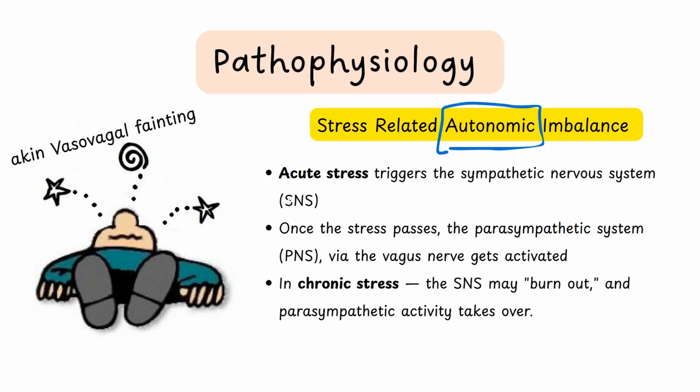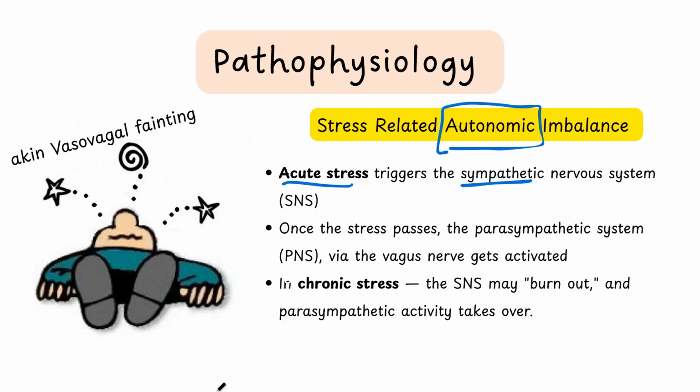Now, you might think that stress usually triggers the sympathetic nervous system, which is associated with relaxation of the ciliary muscle. This happens in acute stress. So, acute stress does trigger the sympathetic nervous system.